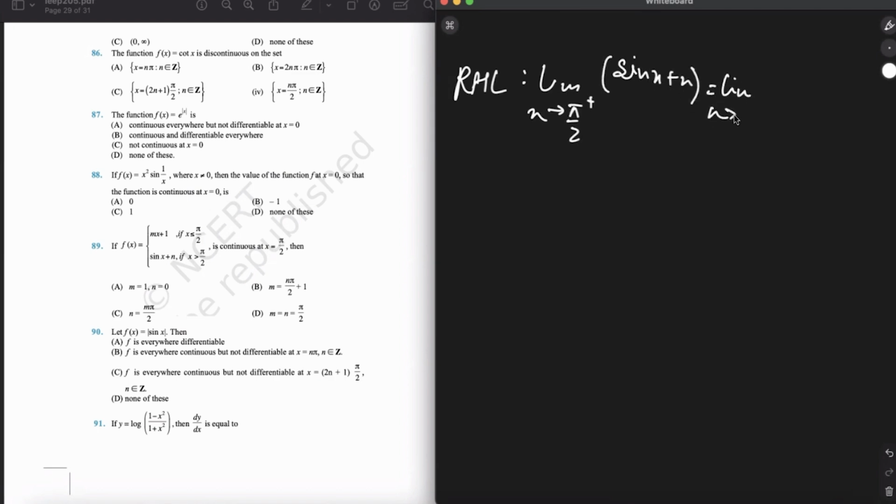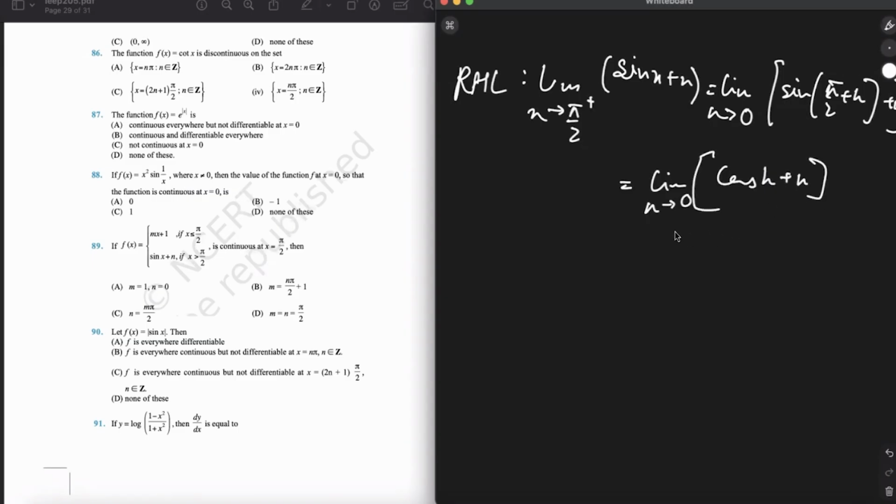Limit h tends to 0 of sin(pi by 2 plus h) plus n. So limit h tends to 0 of cos h plus n. So this will be equal to 1 plus n.